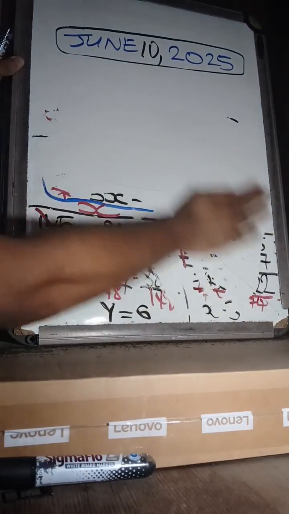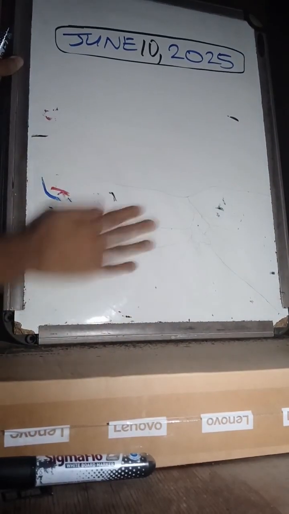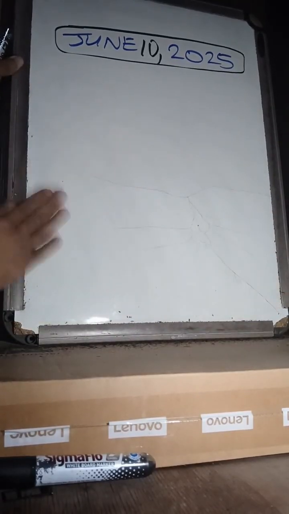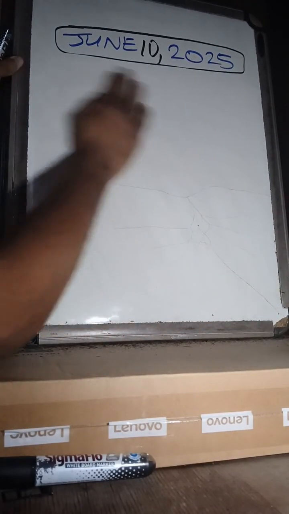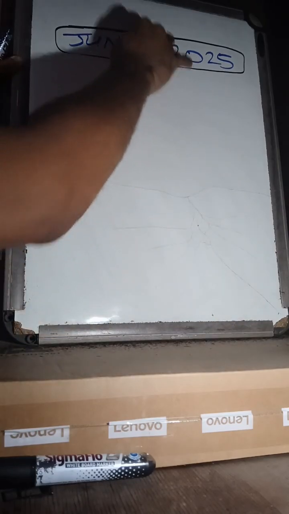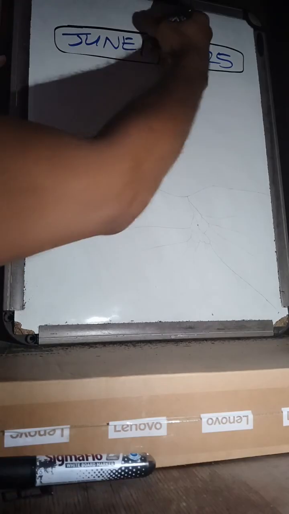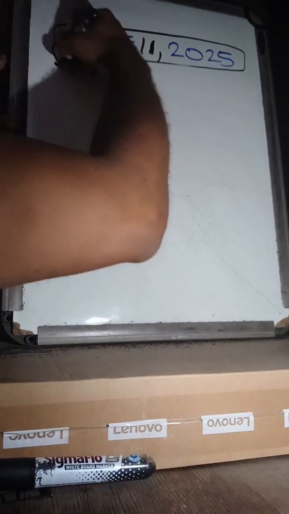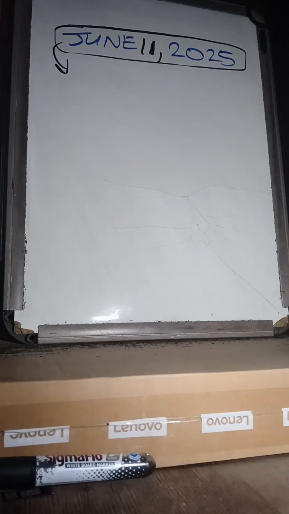So maybe. Today is Tuesday? Right. So let me change this to say what I should be doing tomorrow. So for tomorrow, let me write the madness that we're going to be looking at.